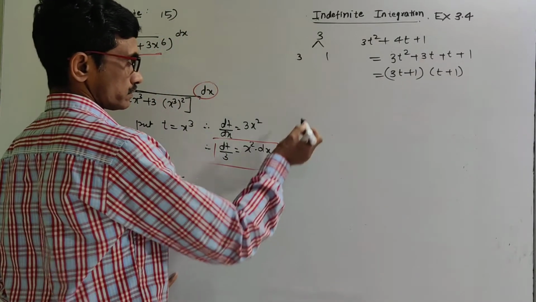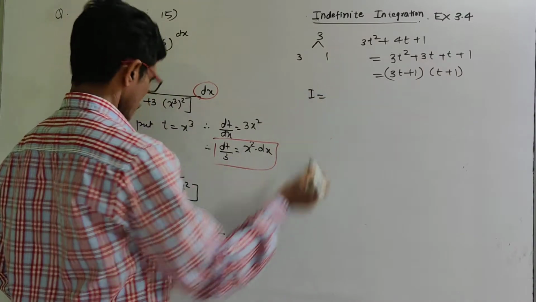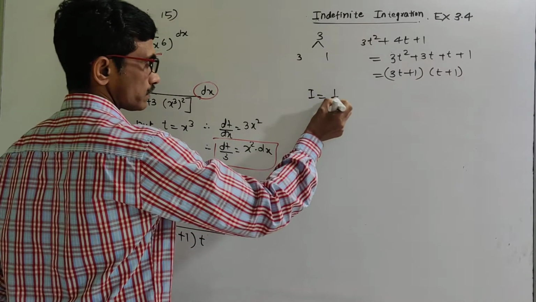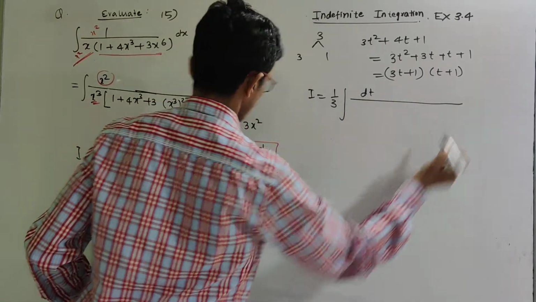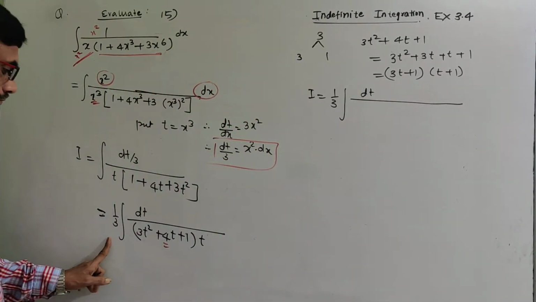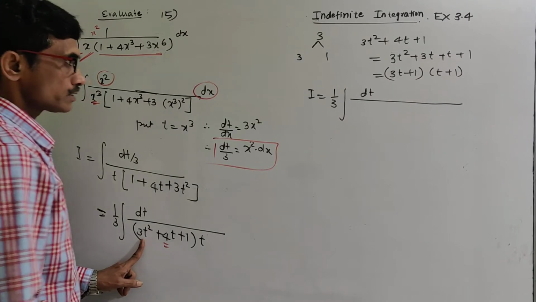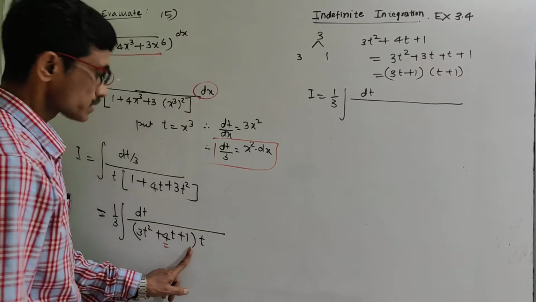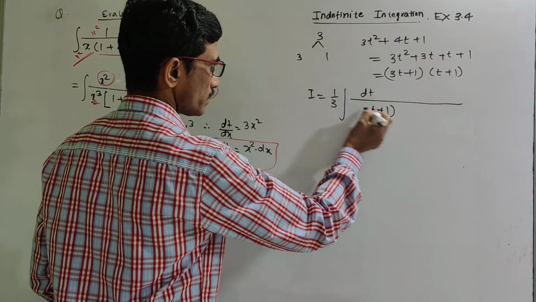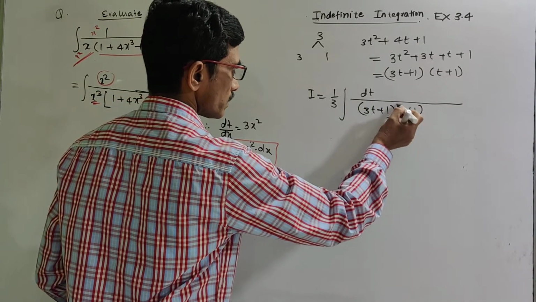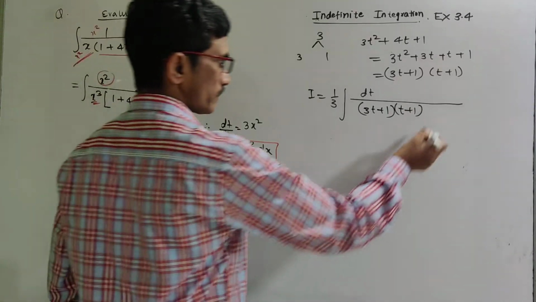So that our integral I will become 1 by 3 integral dt upon 3t square plus 4t plus 1, that is equal to 3t plus 1 t plus 1 and this t.